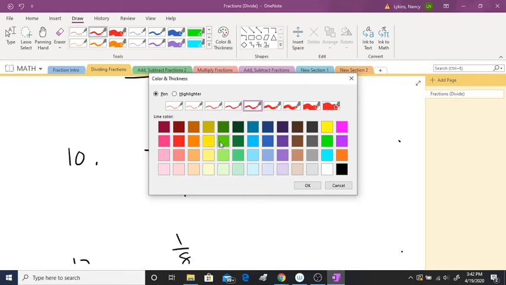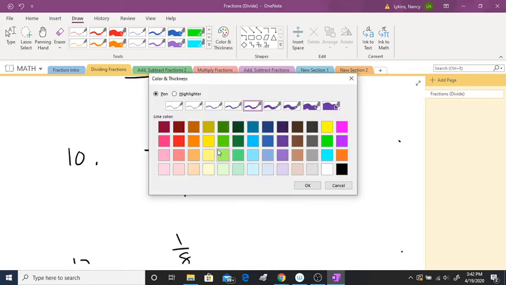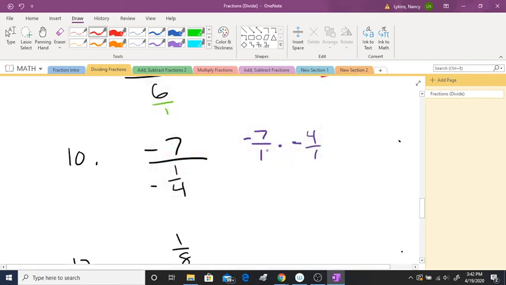Same thing with a negative 7. Make that negative 7 over 1. Then I'm going to flip that fraction. I'm going to make that negative 4 over 1. 2 negatives make a positive. So all I'm going to do is say 7 times 4 is 28. I don't have to worry about 1s on the bottom because 1 times 1 is 1. This is my answer.